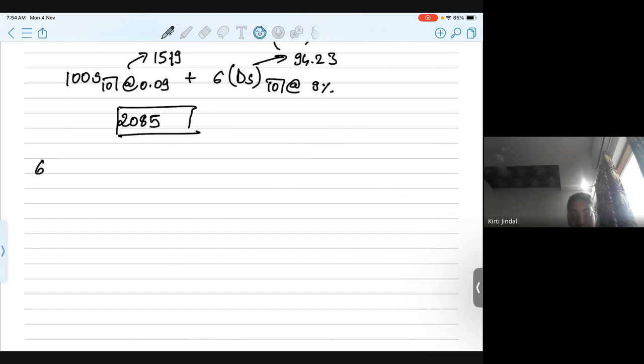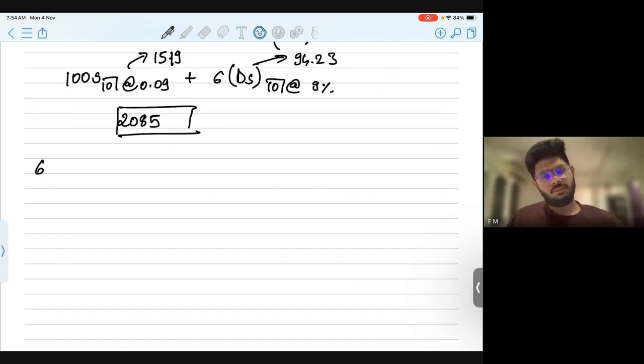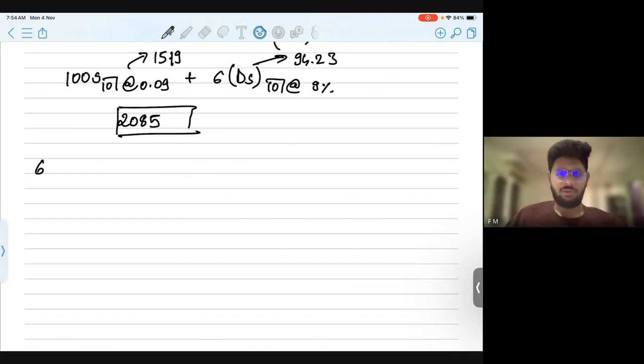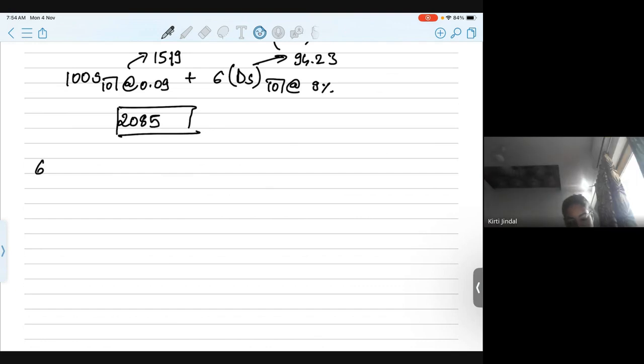Each of the first 10 payments are 150 rupees. No. Interest is 100 rupees for the first payment. The first payment is 150.